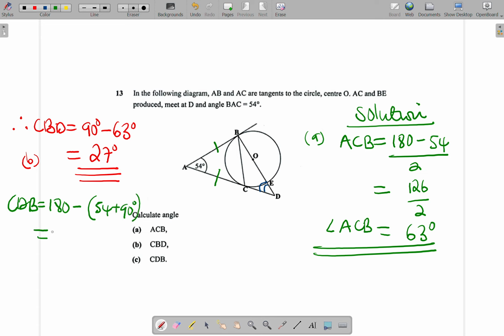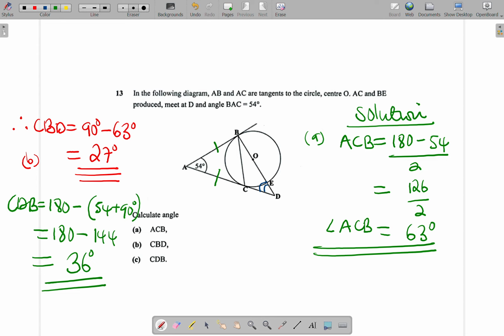So this is going to give me 180 less 144. So 180 less 144, now going to have 36 degrees. That is my CDB.